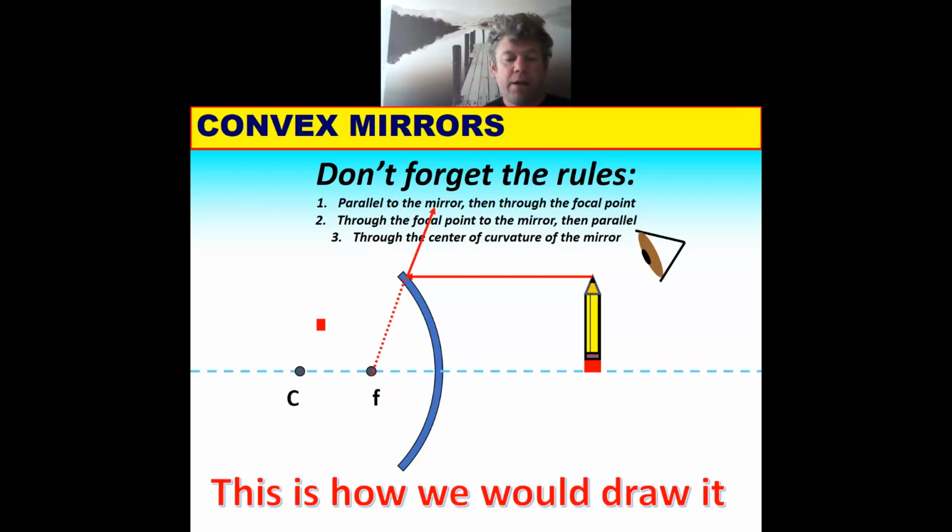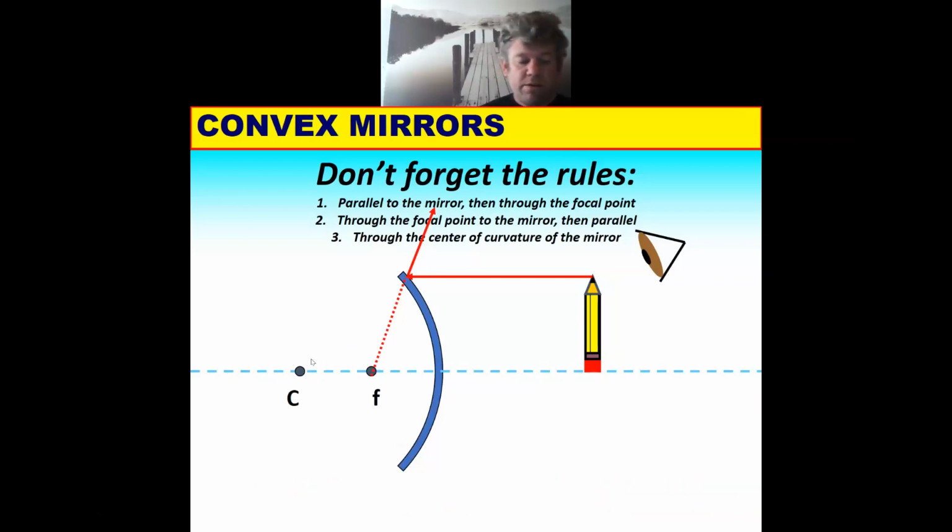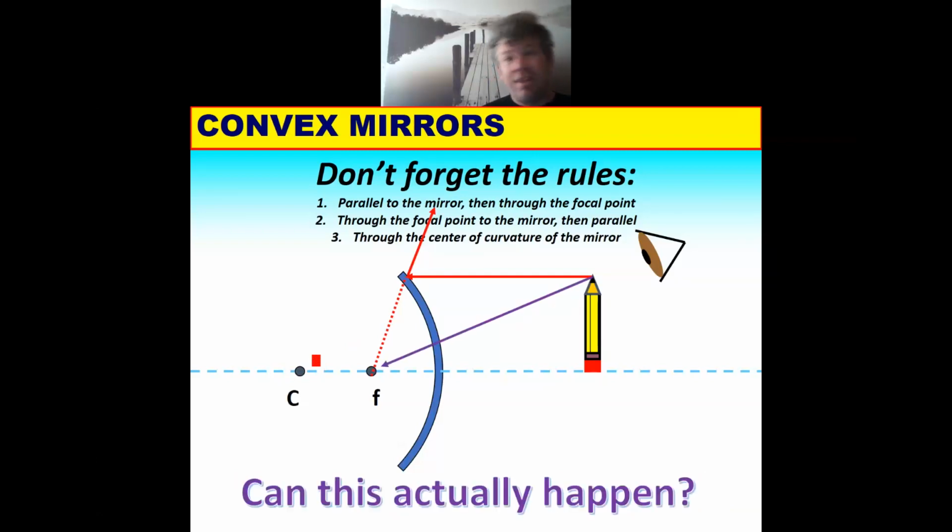Now, does this light here actually exist? It doesn't, because it can't. So let's get the next one. Now, question for you. Can that actually happen? Can this ray go from the tip of the pencil all the way through the mirror into here?